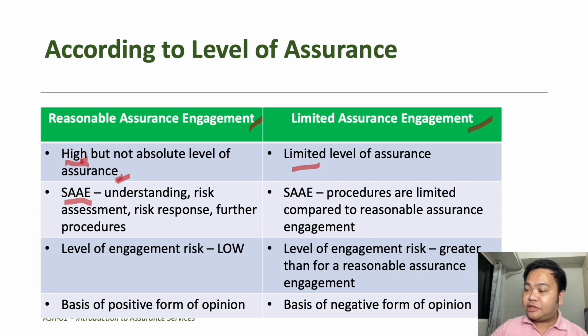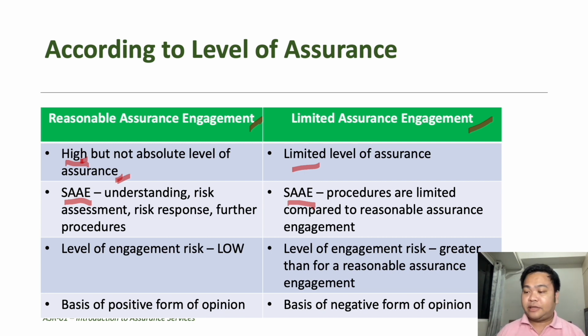Now, in limited assurance engagement, the assurance that we provide is only limited or moderate because the procedures that we perform are less compared to the reasonable assurance engagement. So we perform less procedures, and therefore it will only result to moderate level of assurance.